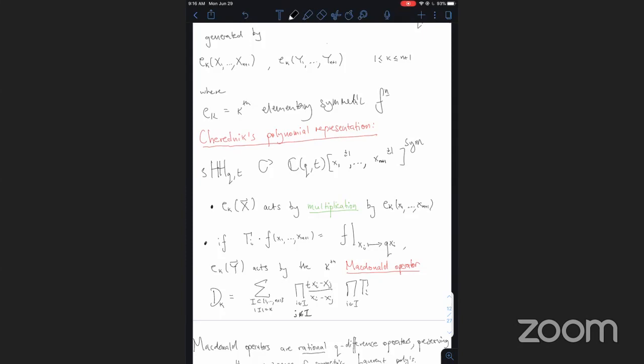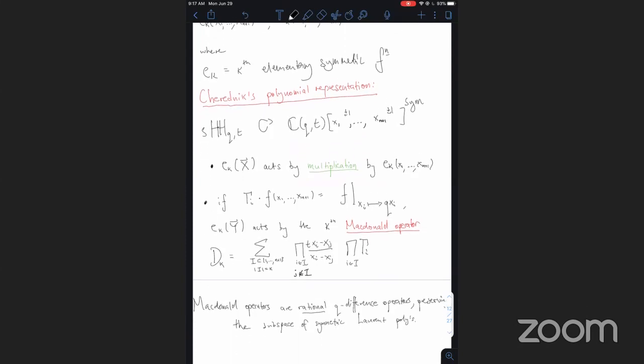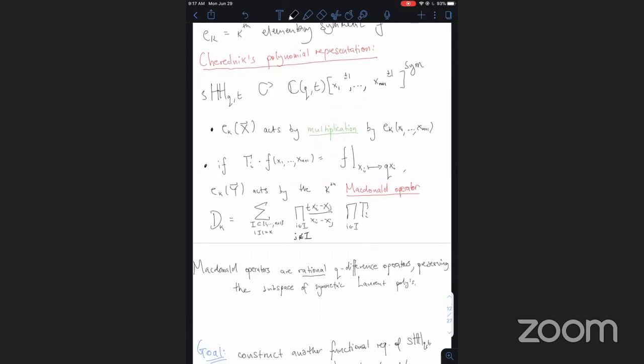And then we have this definition parameter t times x sub I minus x sub j over x sub I minus x sub j. And then we have the shift part of the Q difference operator, product over all little I in a subset big I of gamma sub I. So we dilate by a factor of q all of the variables appearing in the subset I over which is appearing in the summation. Okay, so these are these famous Macdonald difference operators.